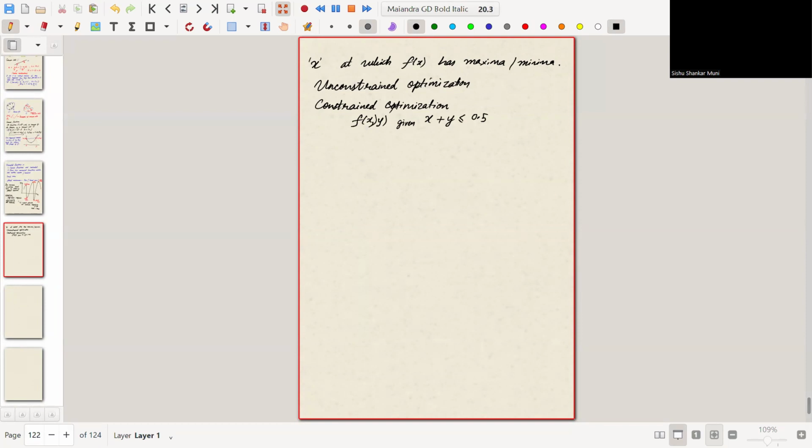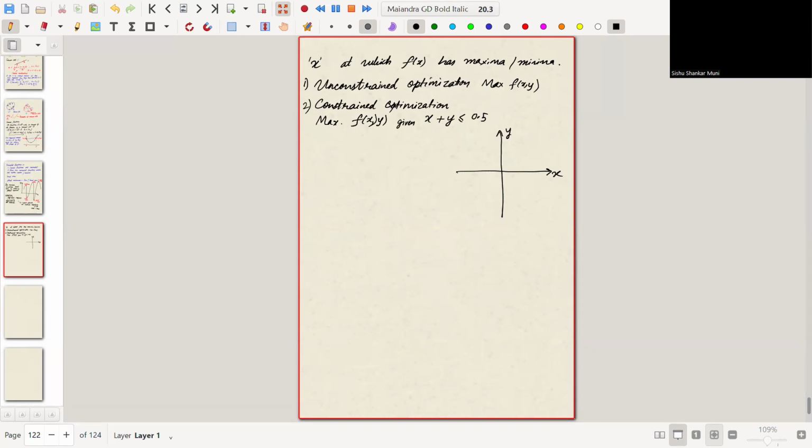It is asking you to minimize f of x comma y not in the whole of the R2 plane. Visualize x and y as the R2 plane. I will give you two problems, 1 and 2. The first one is the maximum of f of x, y. The second one is the maximum of f of x, y given that x plus y is less than or equal to 0.5.